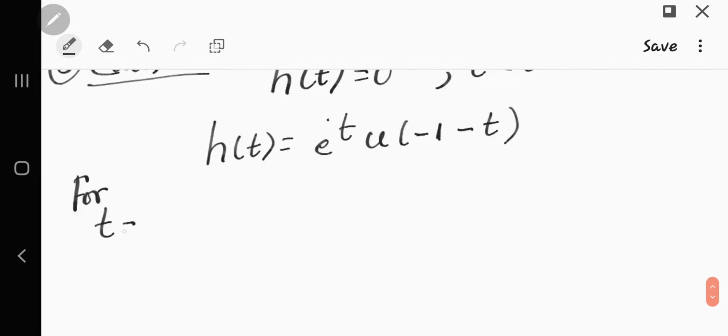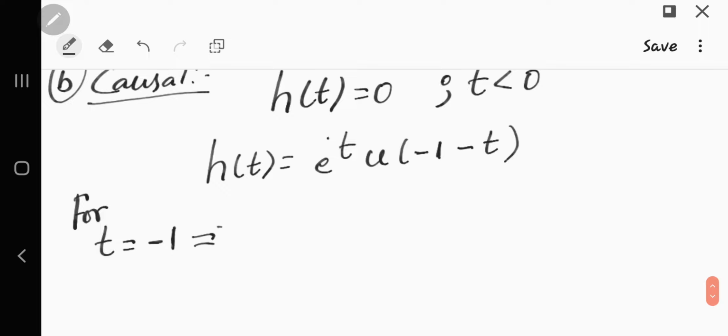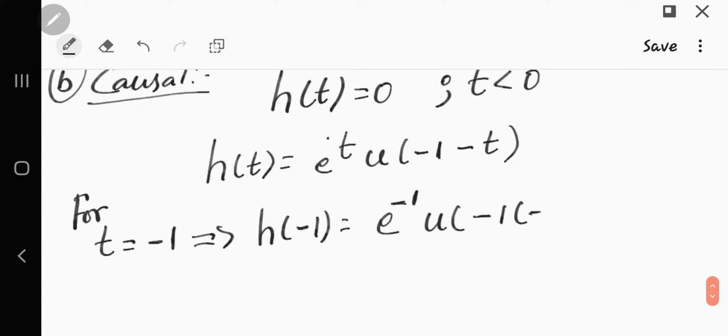First I will put t equal to -1. So h of -1 is equal to e to the power of -1 u of (-1 minus of -1). Minus 1 plus 1 will become 0.